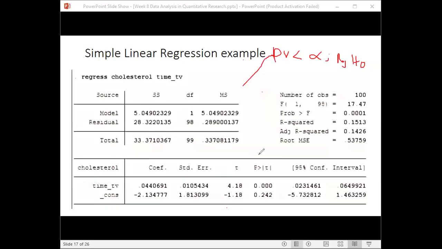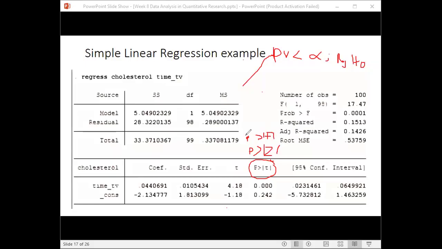Now, when we come to regression table analysis, this is your p-value. I hope you see it. It's P greater than t, right? In your regression tables, you either see P greater than t, or P greater than z, depending on the distribution that you use, whether it's a t distribution, a z distribution, or F, it can be P greater than F, right?